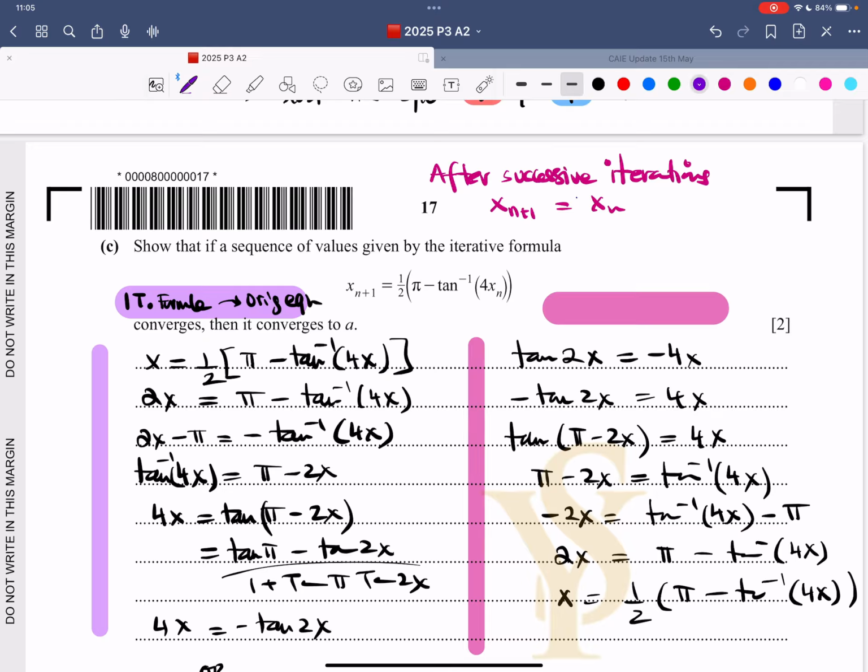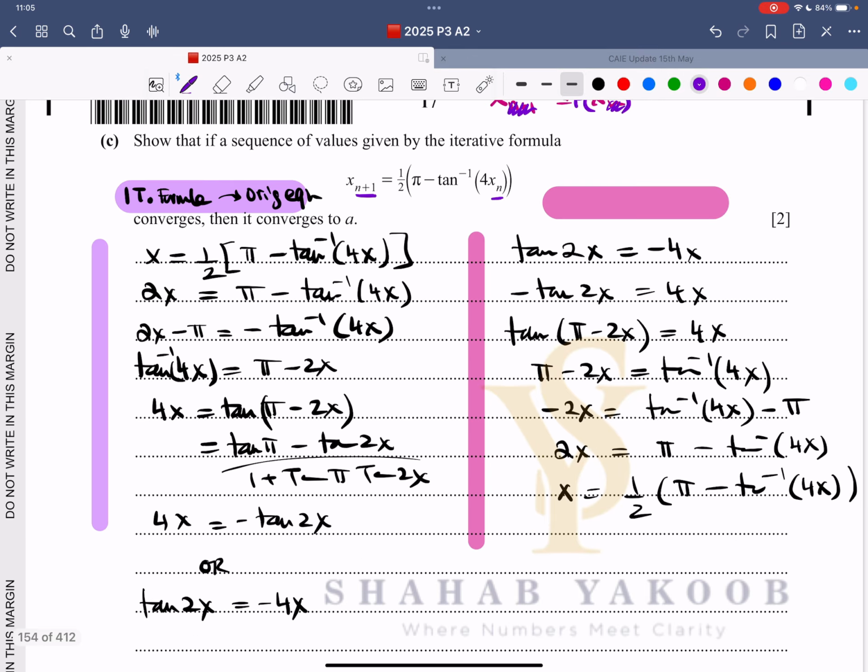So basically whatever the function over here is, this and this cancel out. So the initial value and the final value are the same. Actually this x and this x become the same.